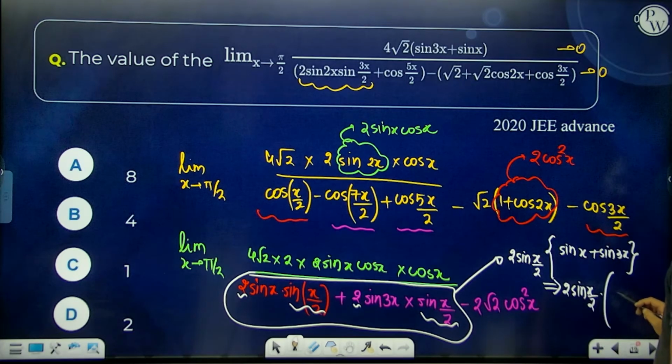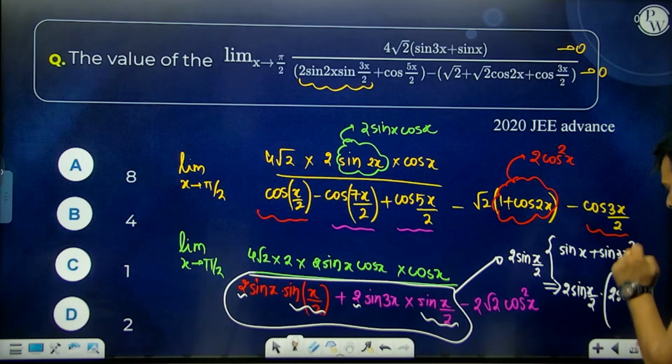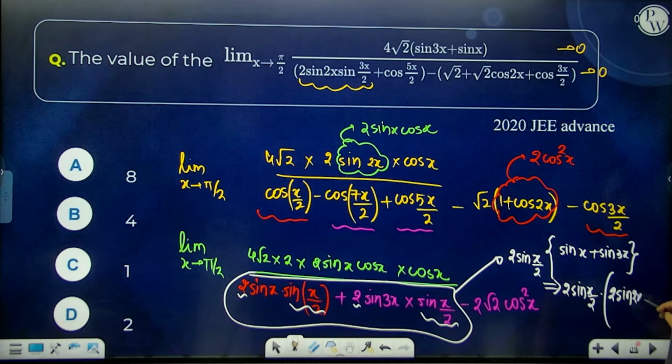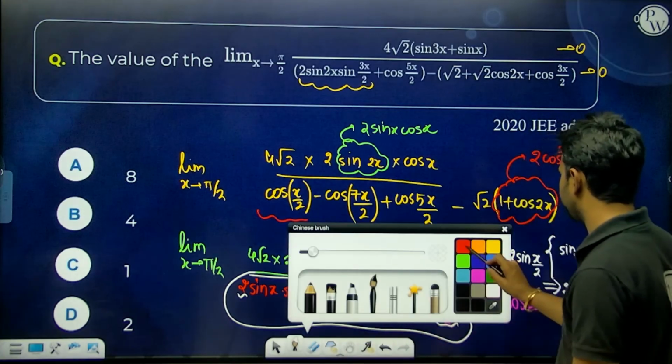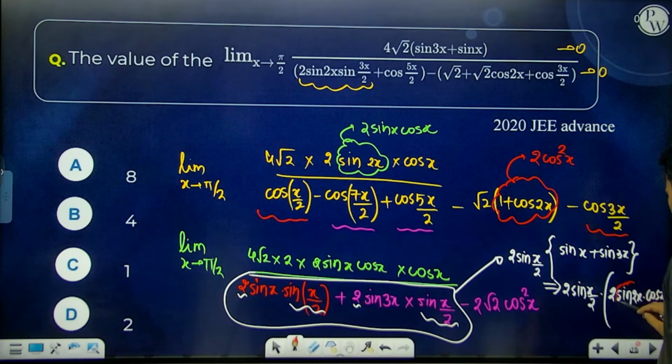You're going to have 2 sine of c plus d by 2, that is 2x, into cos c minus d by 2, that is x. And over here, if you again apply sin 2x, you write it as 2 sin x cos x.